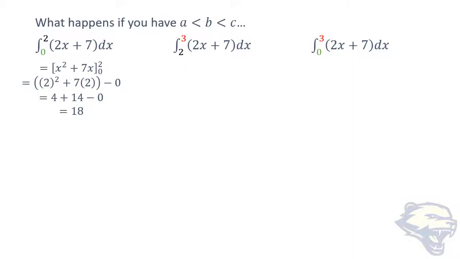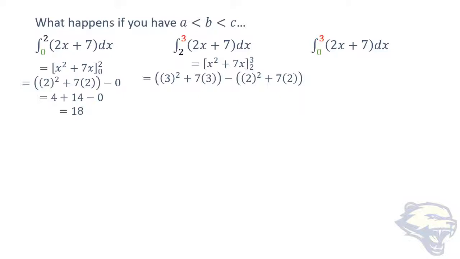So that's 18. Not a 0 or anything weird like that this time. Okay. Now we're going to look at the one in the middle. So this one goes from that 2, kind of where this other one left off, to 3. Antiderivative, still x squared plus 7x because my integrand has not changed. But now I'm going to plug in the 3 and the 2. Plug in the 3, so 3 squared plus 7 times 3.